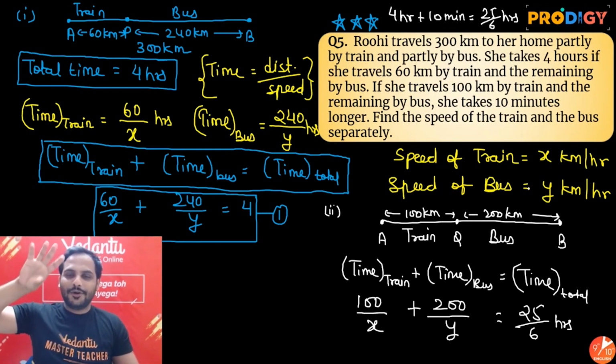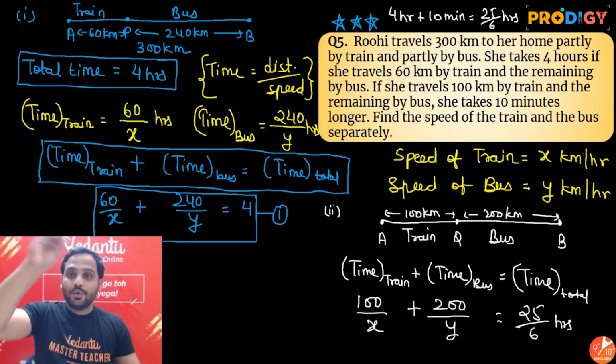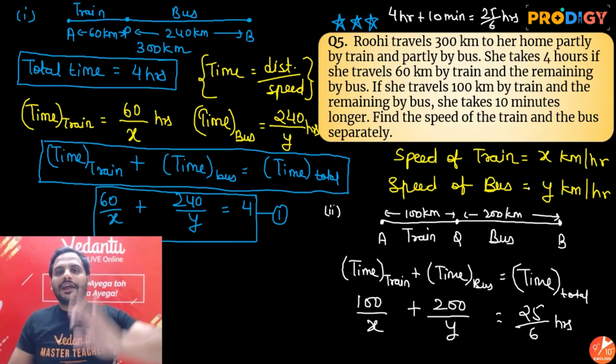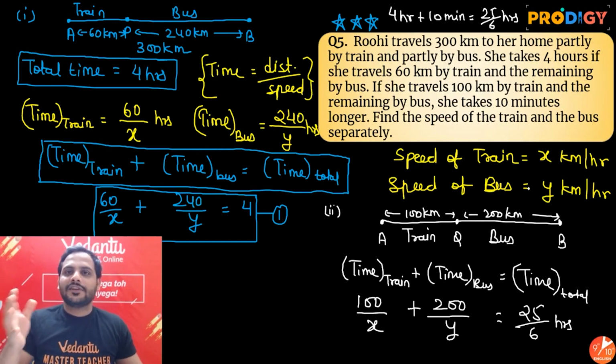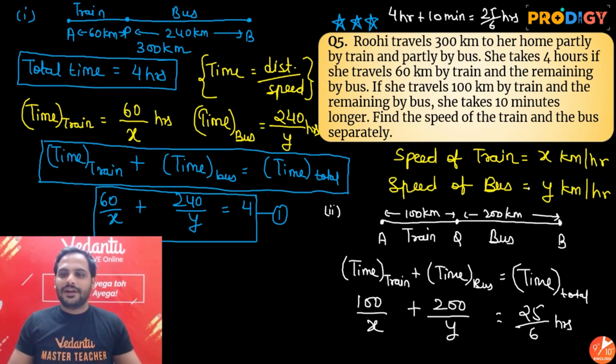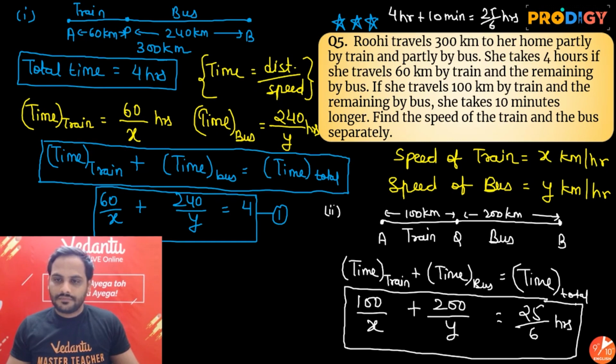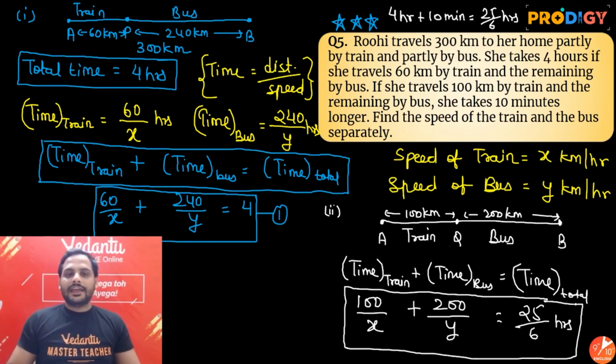If you're not able to understand, do write in the comment section, sir, I didn't understand how 4 hours plus 10 minutes became 25 by 6. And if the students who understood how it came are watching, do write in the comment section as well, so that the other students will get to know how this came 25 by 6 hours. Okay? So this will be my second equation.